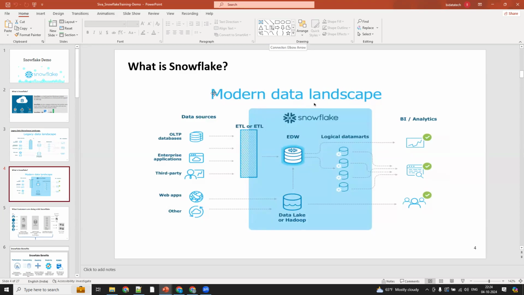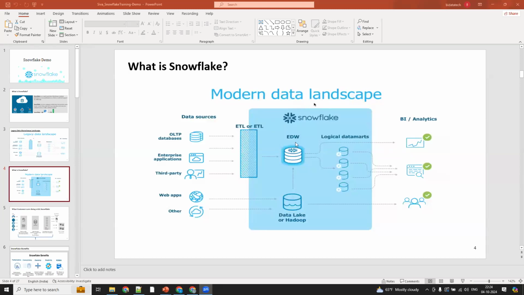But still, it can perform that. That is the reason Snowflake is trying to put its hands a little bit in the ETL part here. And anyway, I told you we are going to store our data in the EDW only. On top of that, we are going to build our data marts directly in Snowflake.